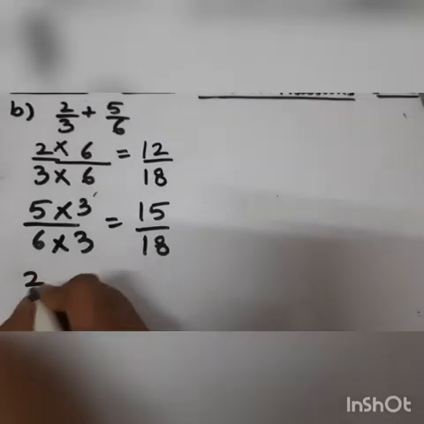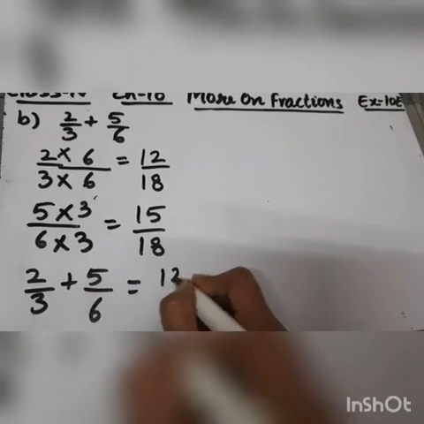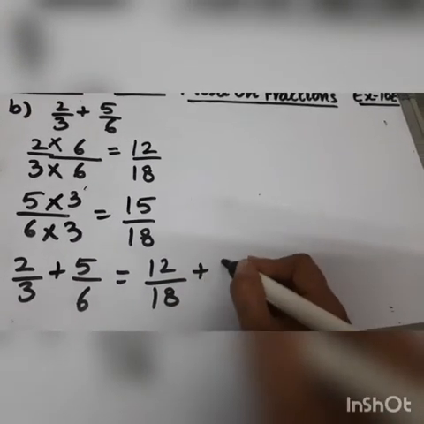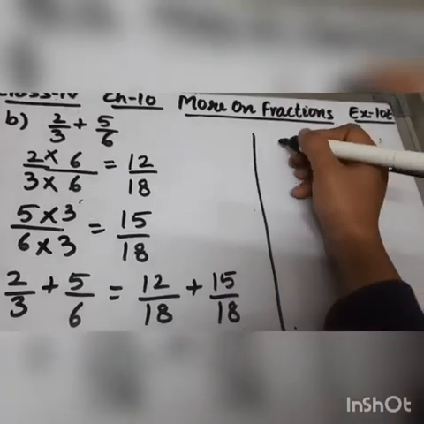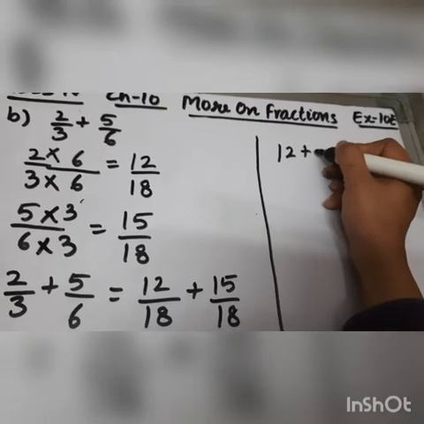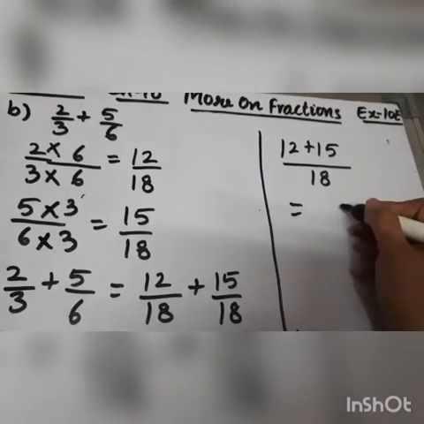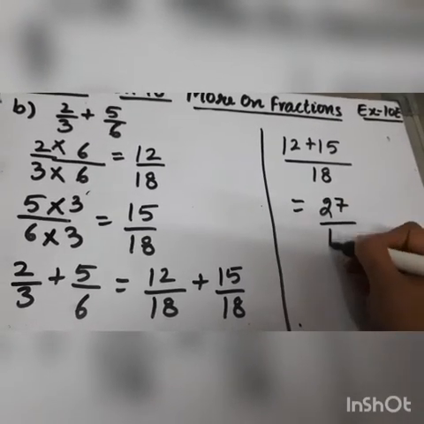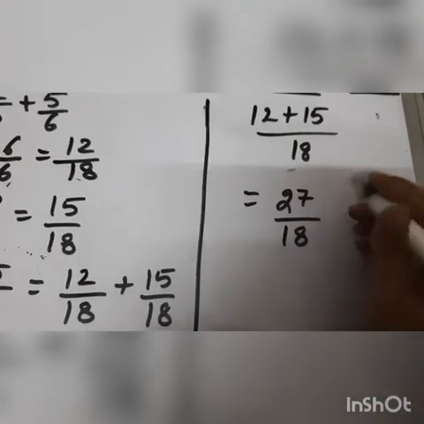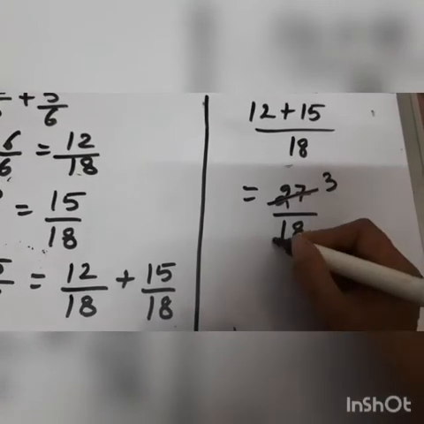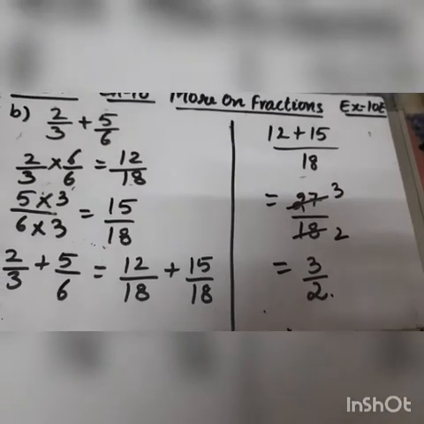Okay, now 2 by 3 plus 5 upon 6 is equal to 2 by 3 has become 12 upon 18 and 5 by 6 has become 15 upon 18. Now what we will do, we will add the numerators only and take the common denominator. So this will be 27 upon 18. Okay, now we will reduce the fraction into lowest terms. 9 threes are 27 and 9 twos are 18. So this will be 3 upon 2.